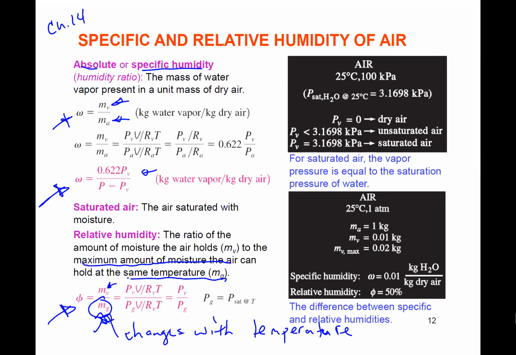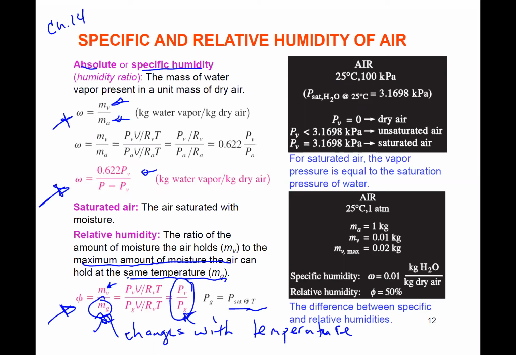Simplifying with the ideal gas law again, the relative humidity is the partial pressure of the water over the partial pressure of the water that is max, which is basically the saturation pressure at that given temperature.